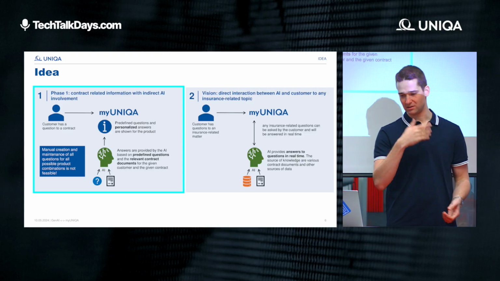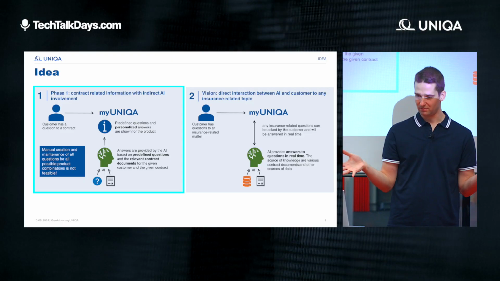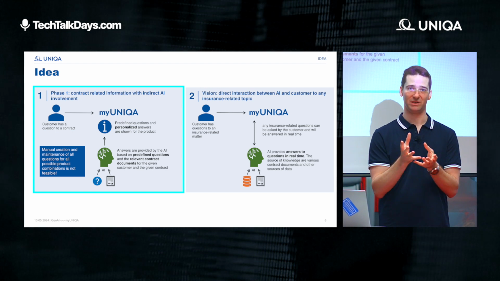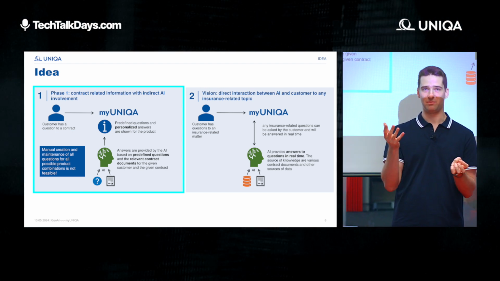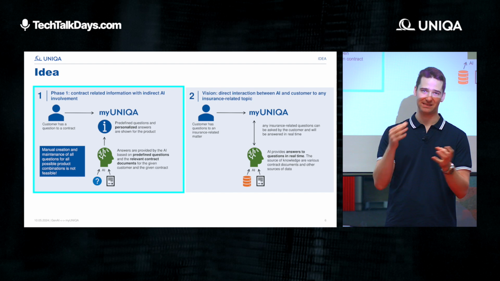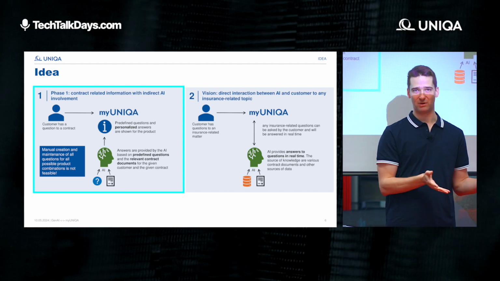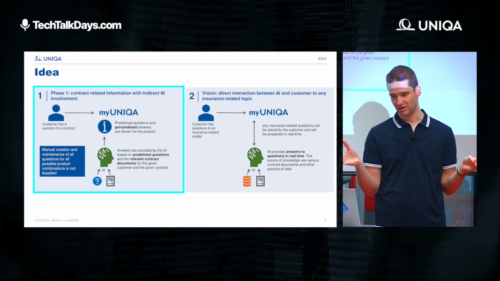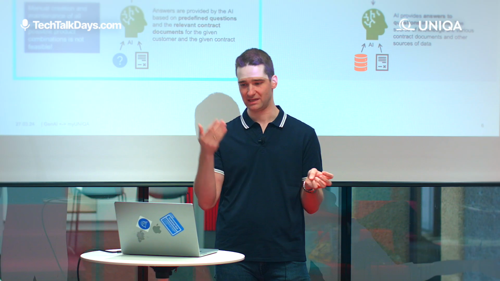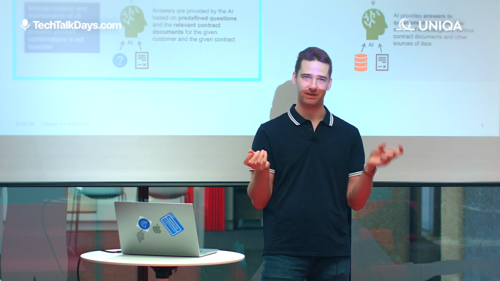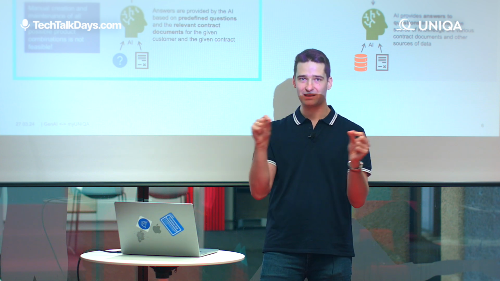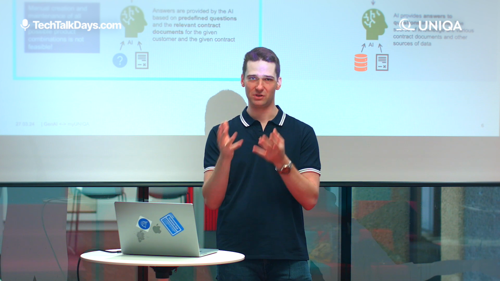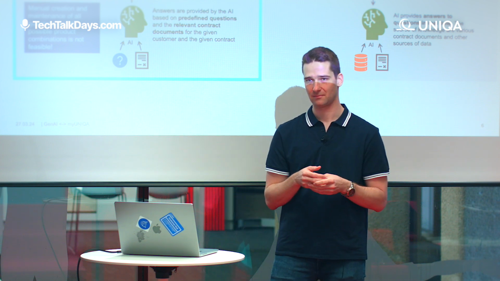So what we do is the AI generates the answers for the predefined questions for the given possible combinations, and we feed those into a database and display them to the customer. That's why indirect AI involvement, because the customer does not directly interact with the AI. The customer only consumes the AI content, so to say.